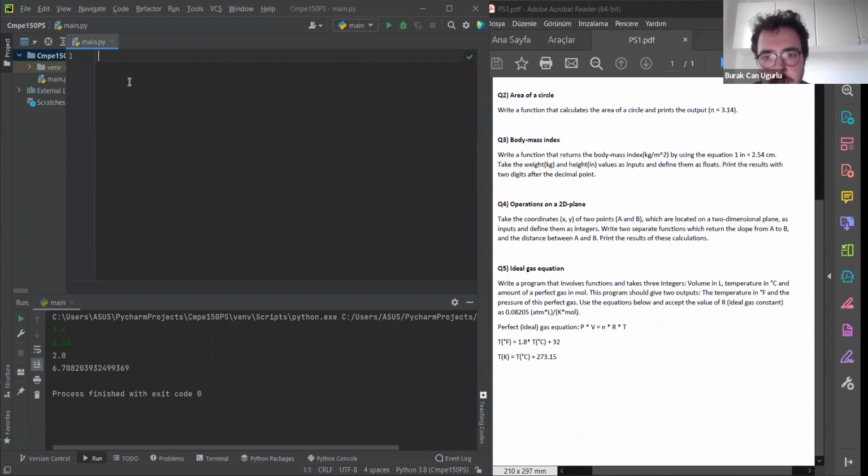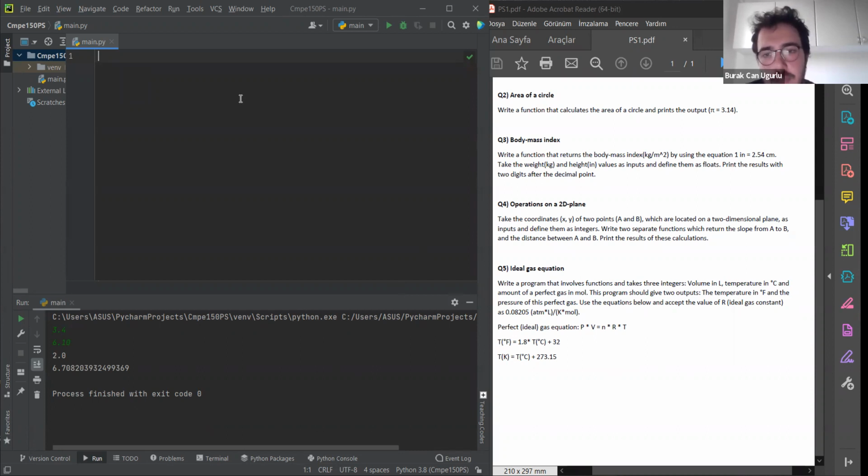The ideal gas equation is pressure times volume equals the amount of this perfect gas in moles times R, the ideal gas constant, times temperature. And there are two expressions about the conversion between Fahrenheit and Celsius, and also Celsius and Kelvin. These are some units about the temperature.